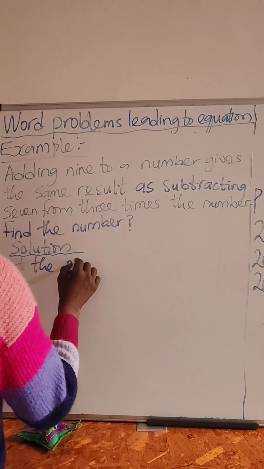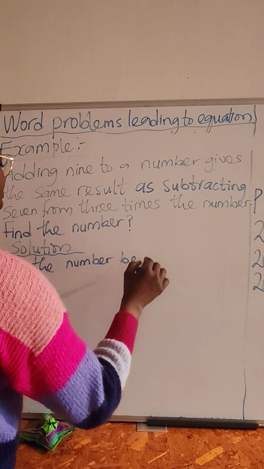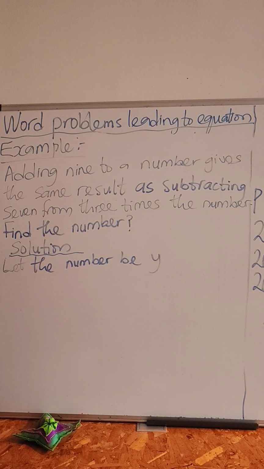the number be small letter y. I told us we can pick any letter of the alphabet, it's by choice. Adding 9 to a number gives the same result as subtracting 7 from 3 times the number. The number is y.